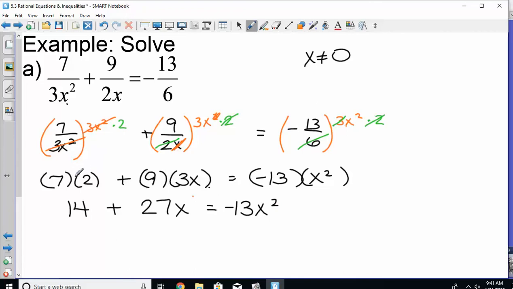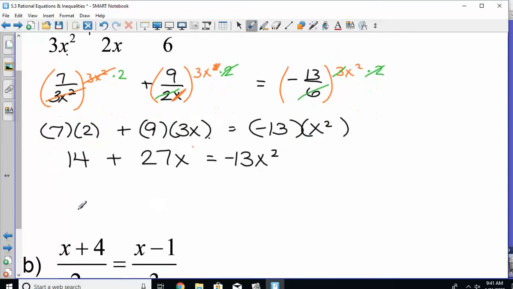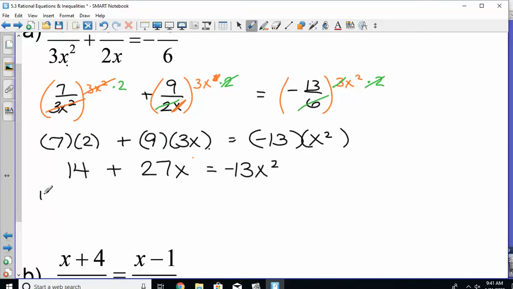What are we going to have to do here? Quadratic. Okay, so if I add over my 13x squared, can I do the shortcut? No, you have to do the full box method.